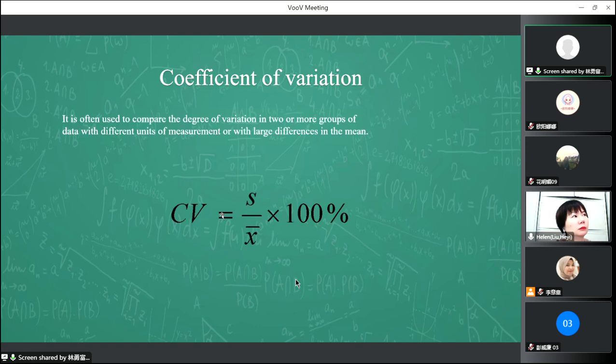In the formula, S is divided by X and then multiplied by 100%. So we just insert all this data and we found the answer is 83.98. It is the same way for the postoperative. So it can be seen that the coefficient of variation was used as an indicator.